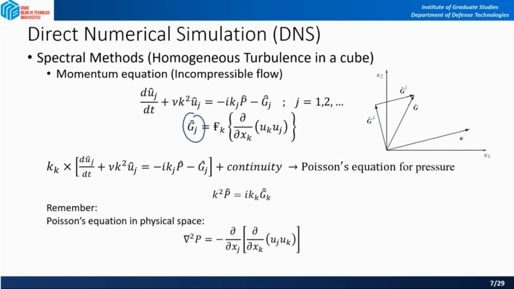You have your G, and you decompose it into a G component which is parallel to your wave number, parallel to the k, and another component which is normal to this wave number.